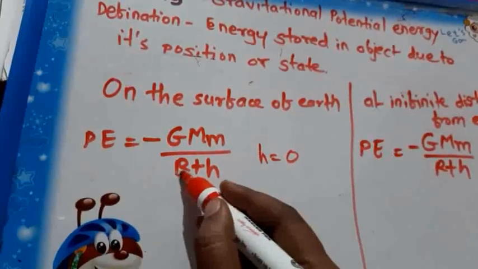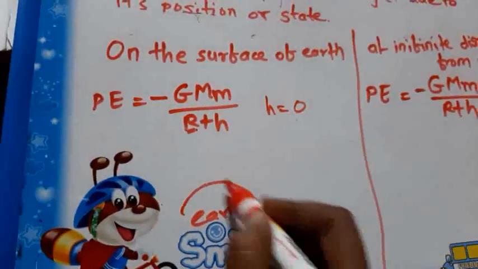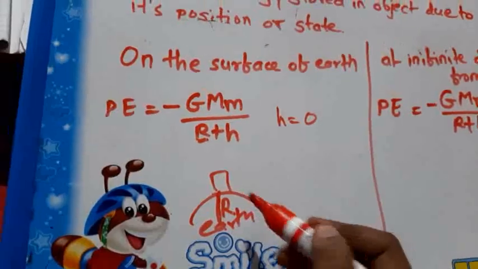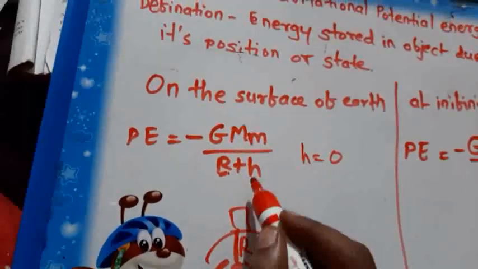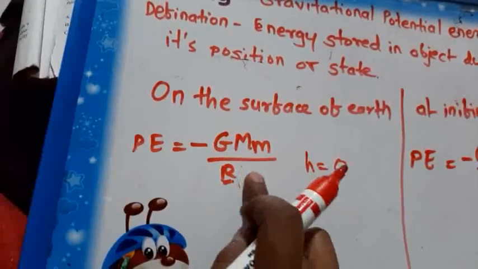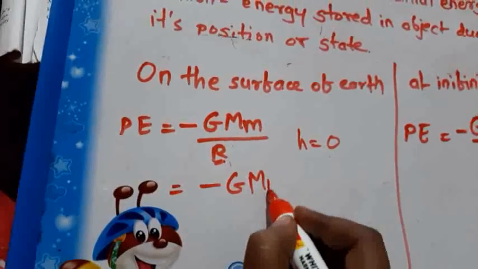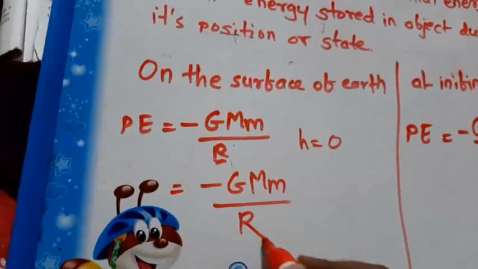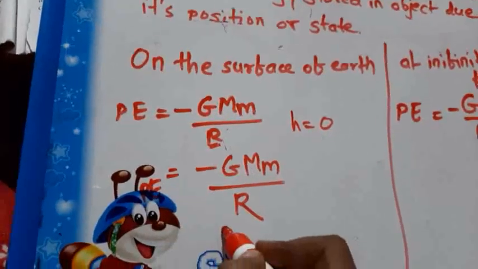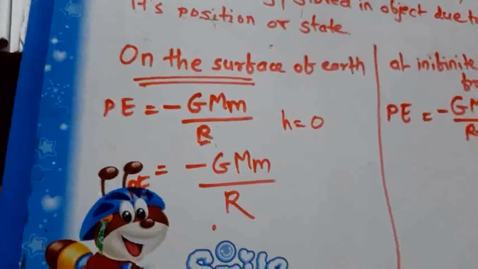Only the radius will be present, that is, the object is present on the surface. So this distance only matters, that is r. Here h will be 0, so put 0 here. h will go. The formula will be minus GMm divided by r. So this is the amount of potential energy when the object is on the surface of earth.